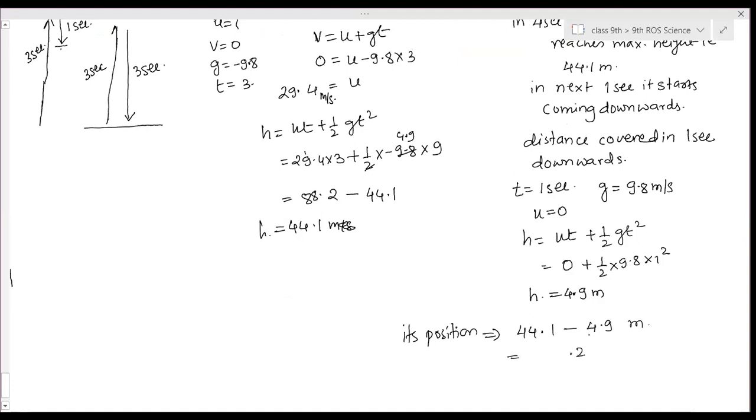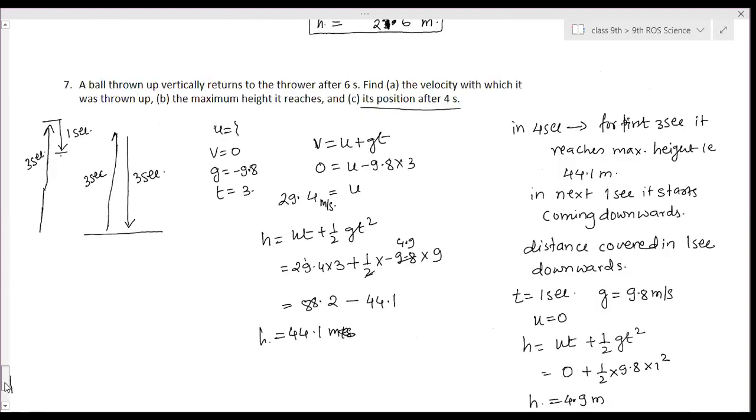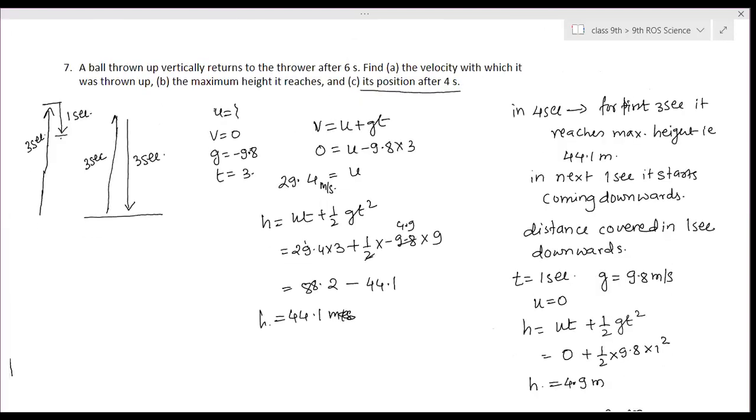Ma'am, it's 39.2 meters. Can you repeat why u is equal to 0, ma'am? Can you explain why u is 0?